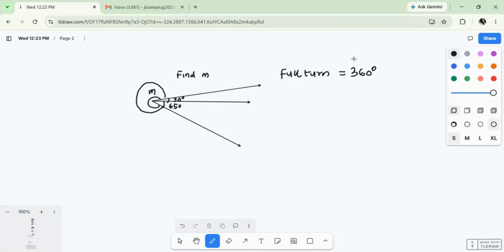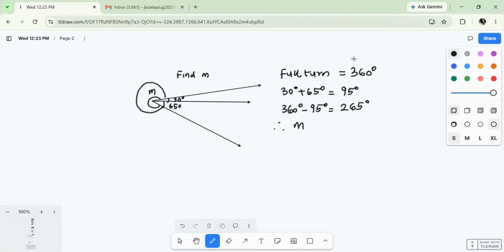So what do we do in this kind of question? We know two angles, which is 30, then add it to the second known angle, which is 65, and that gives us 95 degrees. Then you remove this total you got from the angle budget we have. So we have 360 degrees minus 95 degrees, which gives us what? 265 degrees.